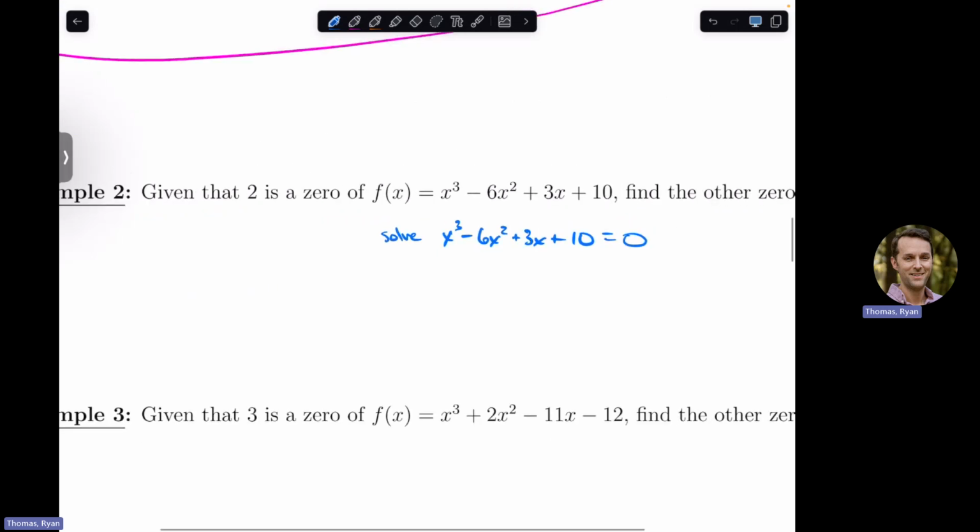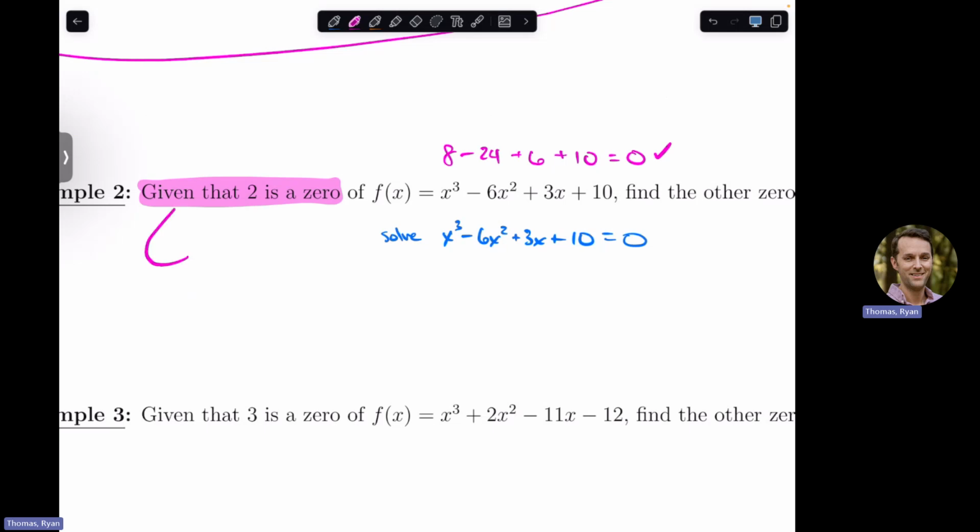But if we know one of the zeros, so I'm told that 2 is a 0, meaning if I plug 2 in, 8 minus 24 plus 6 plus 10, I get 0. But if I know a 0, then the factor theorem says that we know a factor also.